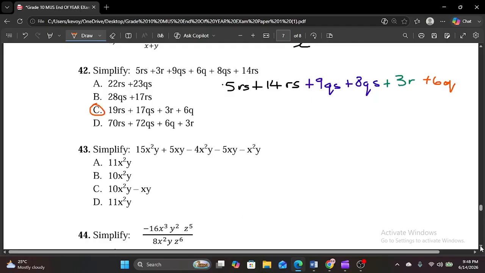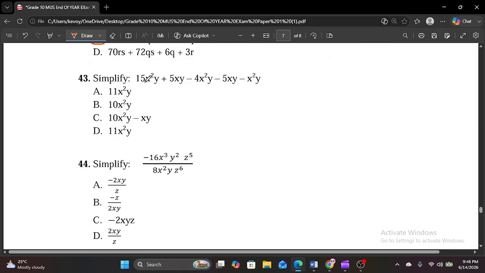All right, so we're asked to simplify this as well. We're going to do the same thing as above, where we just group our like terms. So we're going to group our like terms right now.